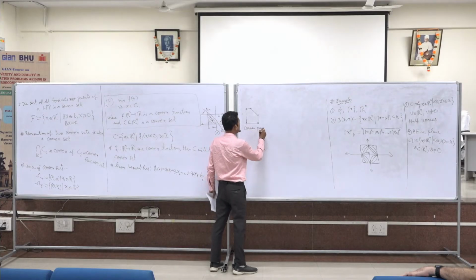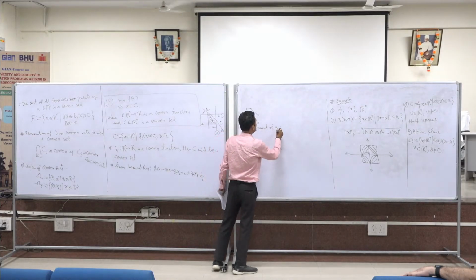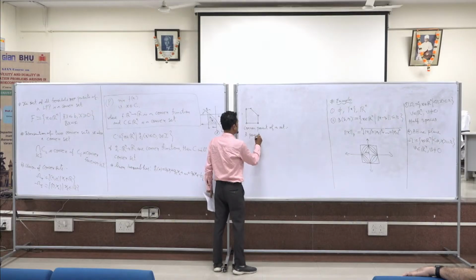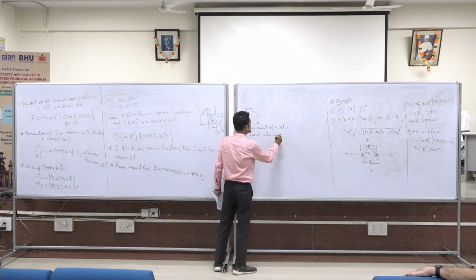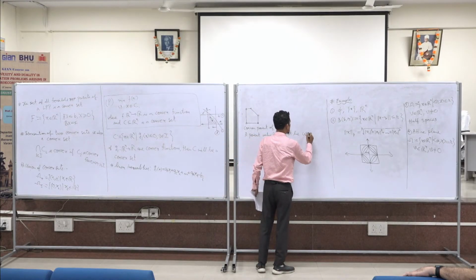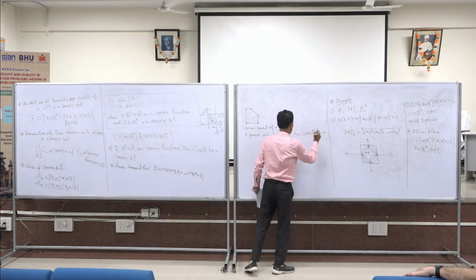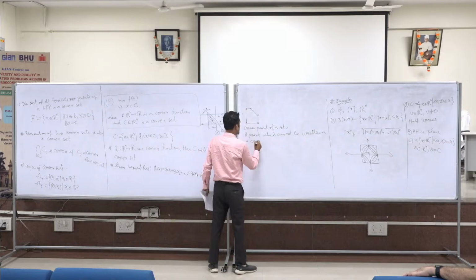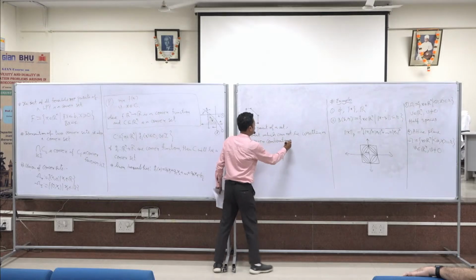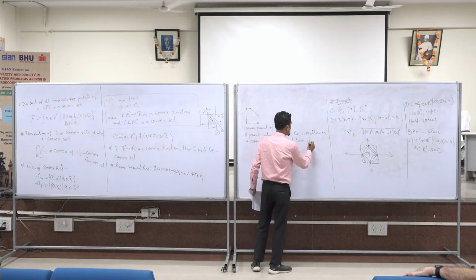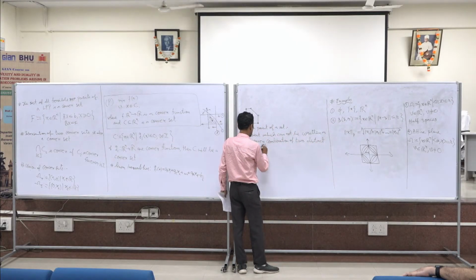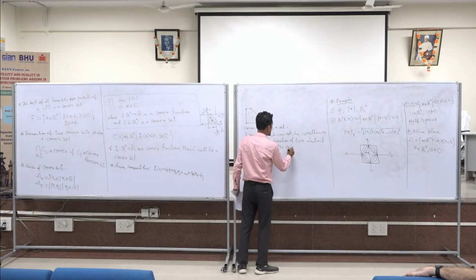A corner point of a set is a point which cannot be written as a convex combination of 2 distinct points of the set, right?